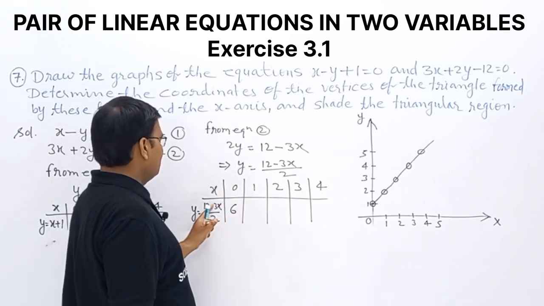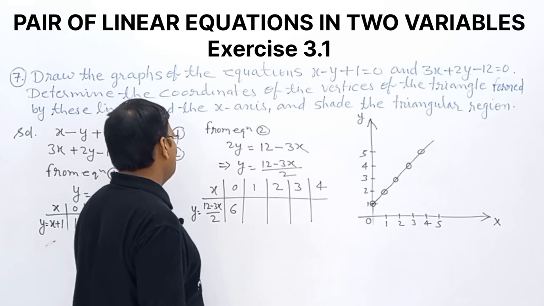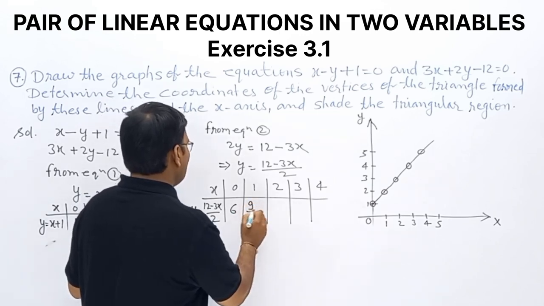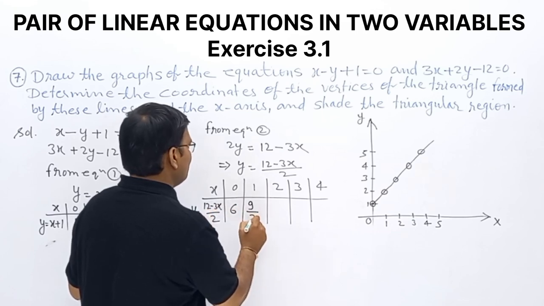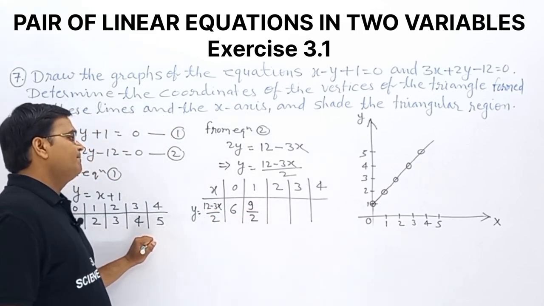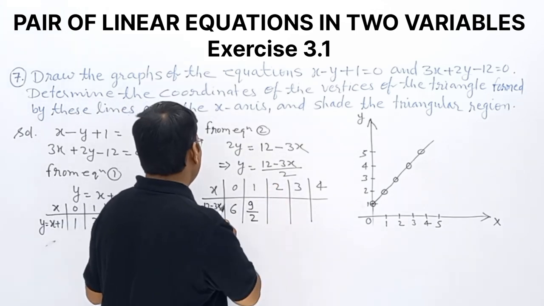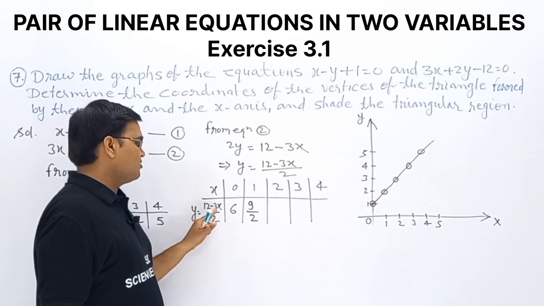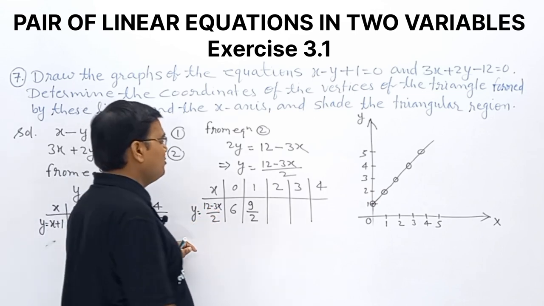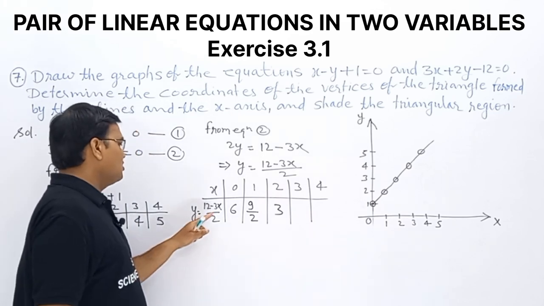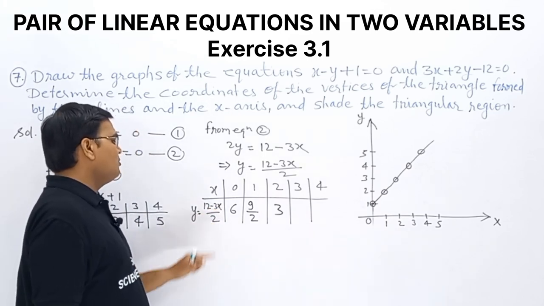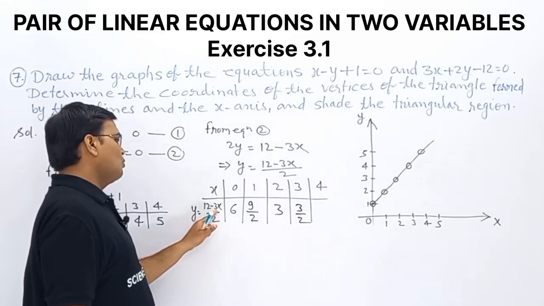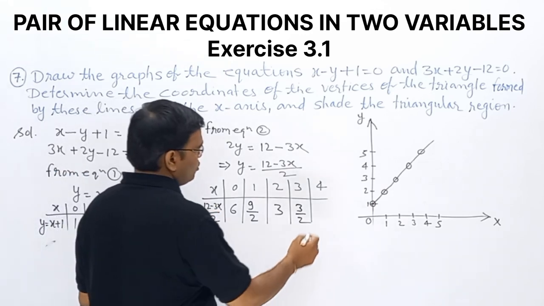Next, x is 1: 12 minus 3 is 9, 9 by 2, which is 4.5. Next, x is 2: 3 times 2 is 6, 12 minus 6 is 6, 6 by 2 is 3. Next, x is 3: 3 times 3 is 9, 12 minus 9 is 3, so 3 by 2. And finally x is 4: 3 times 4 is 12, 12 minus 12 is 0, 0 upon 2 is 0.